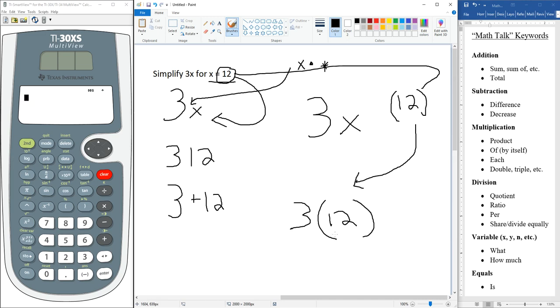Well, 3 parentheses 12 means 3 times 12. 3 times 12 is 36. And we can check that right over on our calculator. 3 parentheses 12 equals 36. Perfect. So simplify 3x for x equals 12. It's 36.